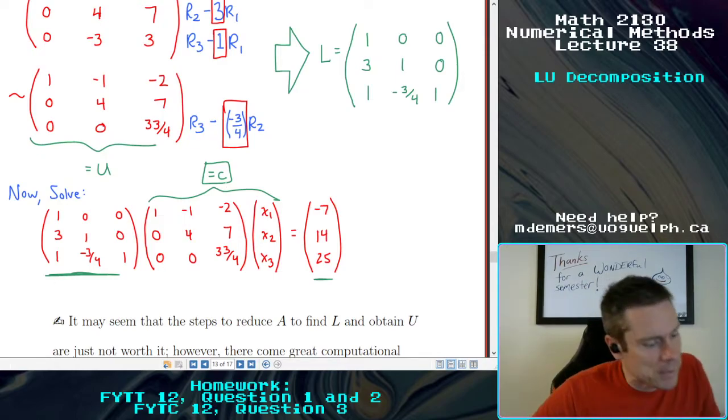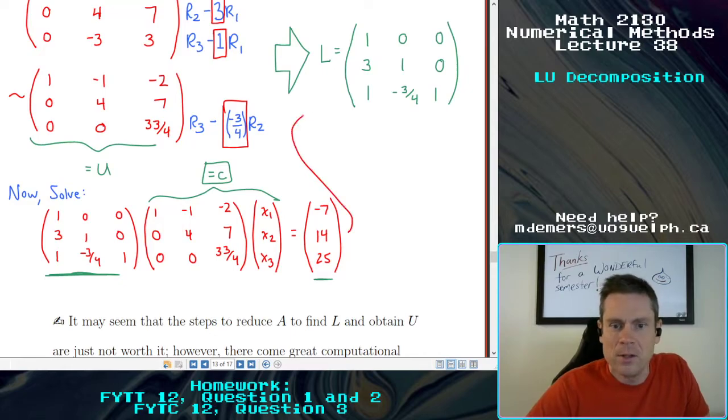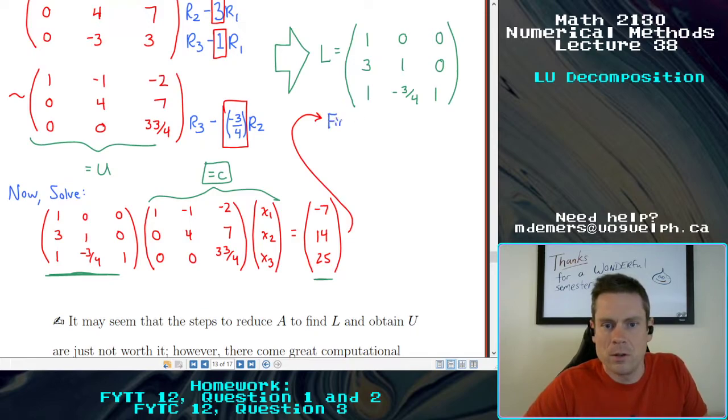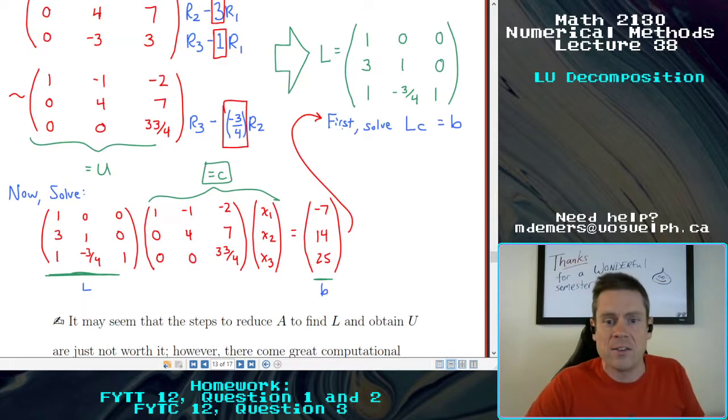I'm going to run out of room here, but we'll try to make this work. So we're going to first solve L times C equals B. And this here is the L, and this here is the B, and this here is the C in the middle.